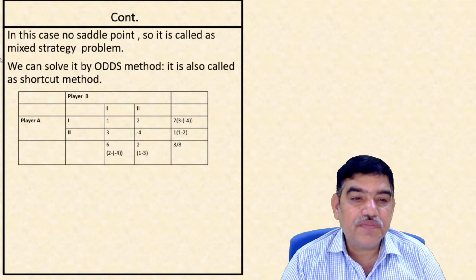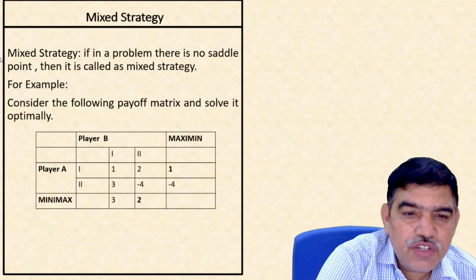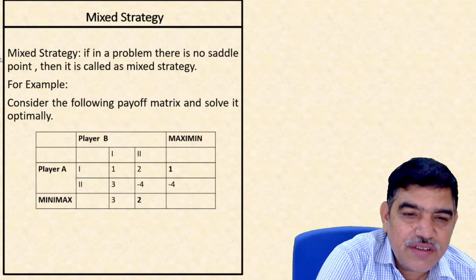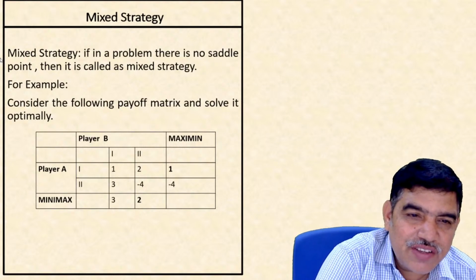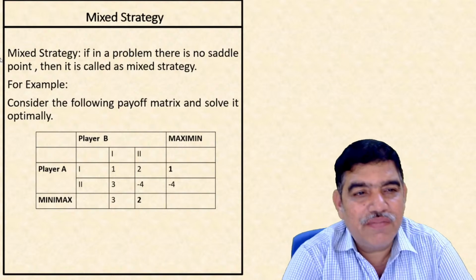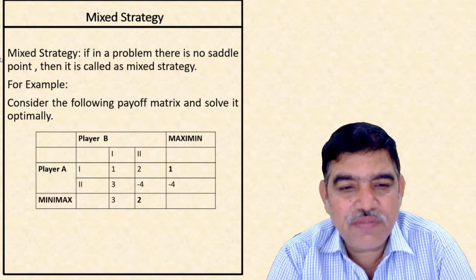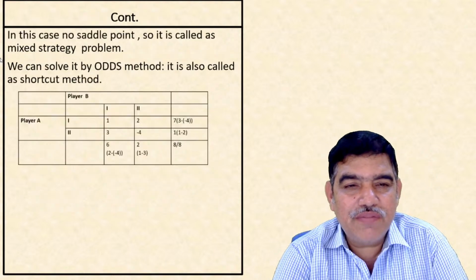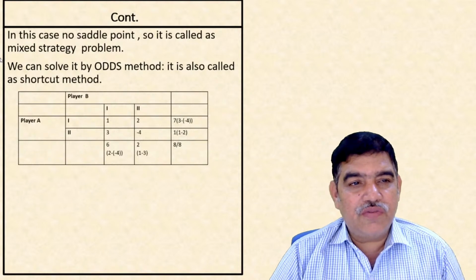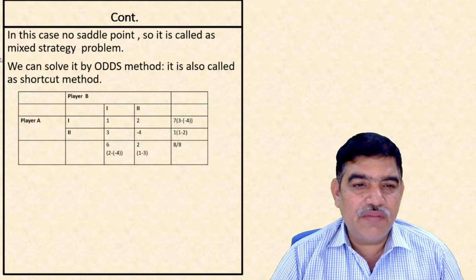It's very easy. Look, this is the question here. First we find the maximin and minimax. Here there is no saddle point, so the minimax maximin principle cannot be implemented to find the value of the game. So it is a mixed strategy problem, and you can use the odds method to find the value of the game.